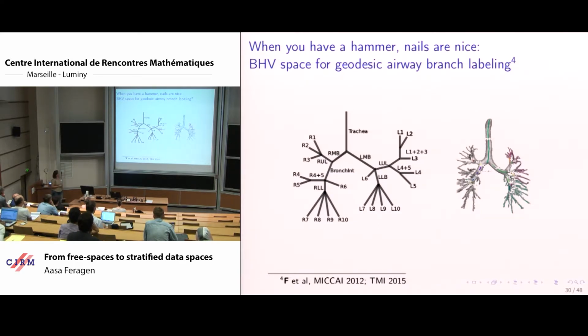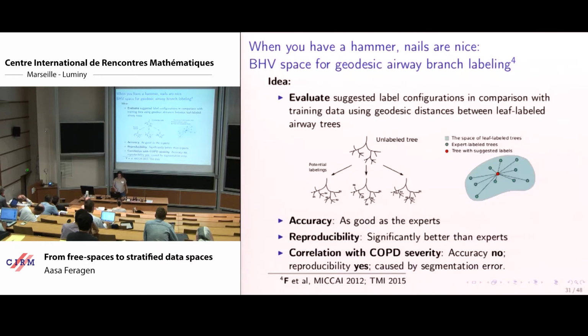So the first thing that we did was to try to use the BHV tree space metric to attach labels to these airway trees. And this is actually something that medically makes sense. These labels here are not something I cooked up. They're used in the medical literature. And then once we have an algorithm for attaching those labels, we can label a large set and do statistics on it using the more well-behaved tree space.